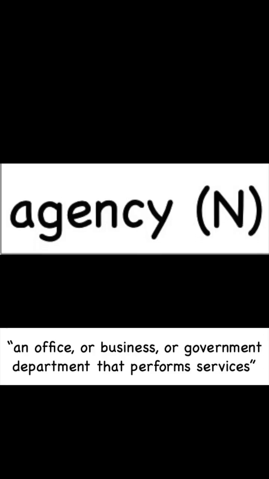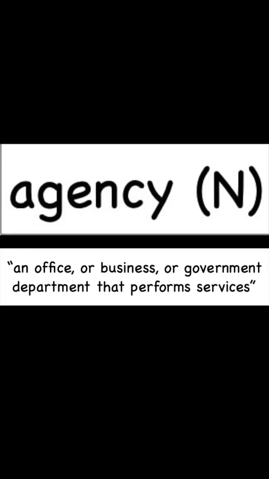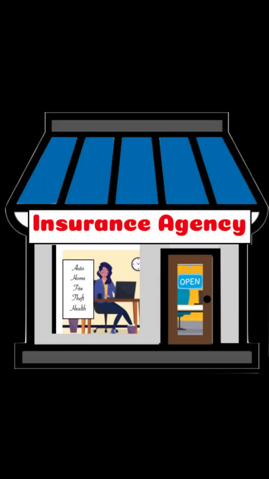The primary modern meaning of agency is an office or business or government department that performs services. For example, an insurance agency or the Central Intelligence Agency. But this meaning did not come into use until the 1860s.